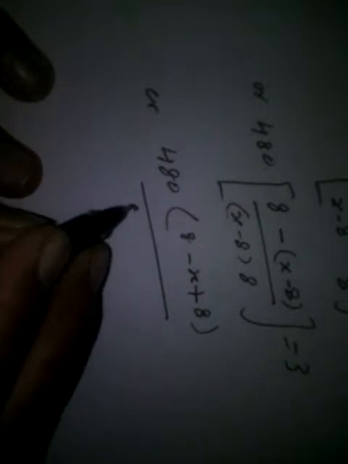So this is equivalent to 480, in the bracket 8 minus x plus 8, so minus x and plus 8, divided by 8 into x minus 8 is equal to 3.